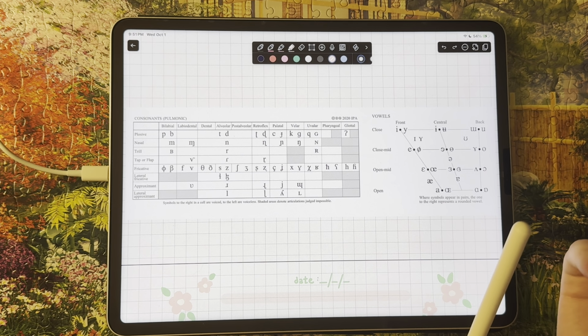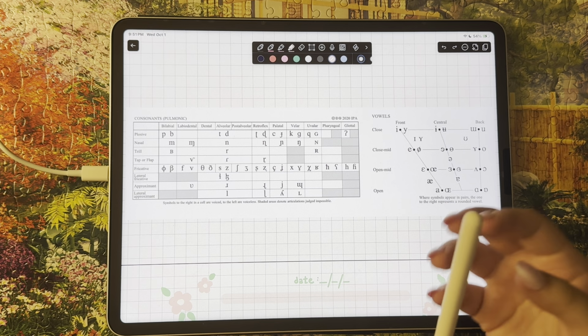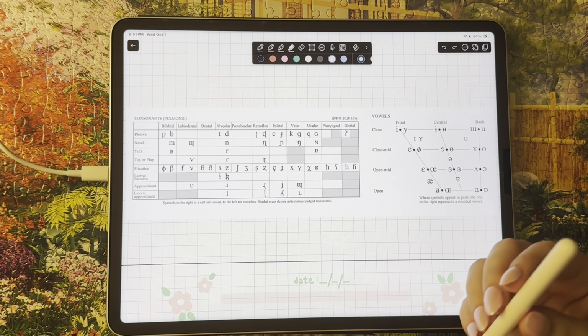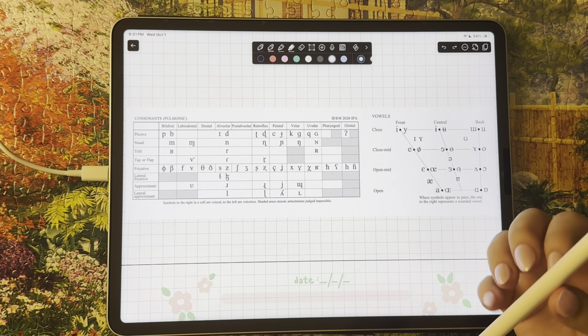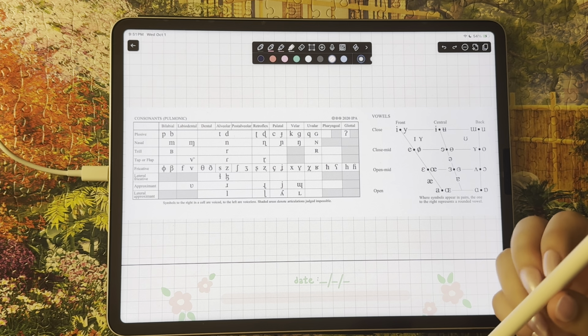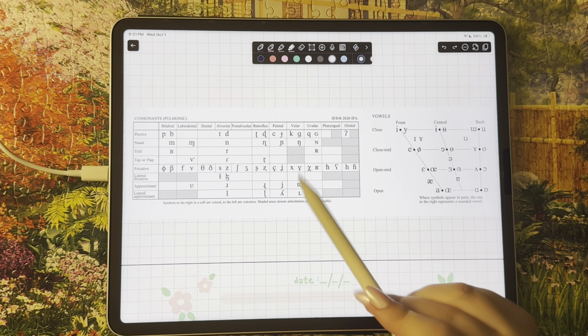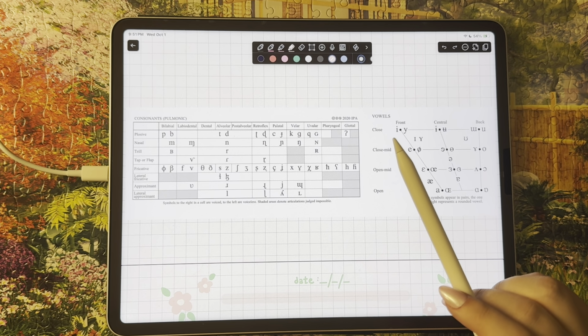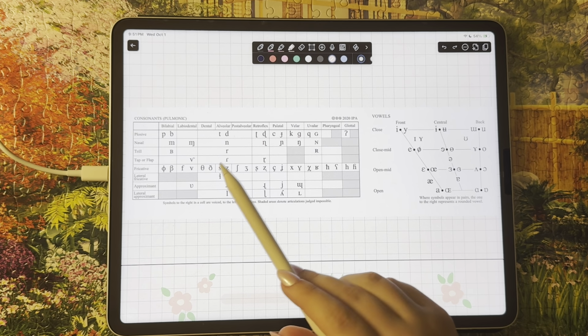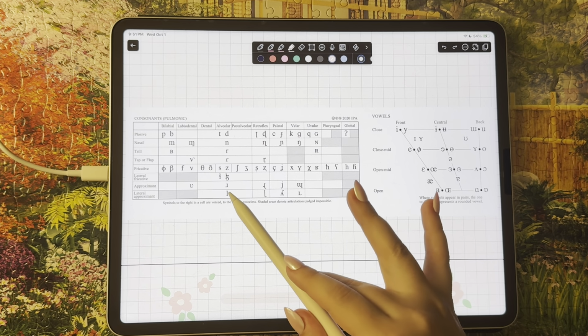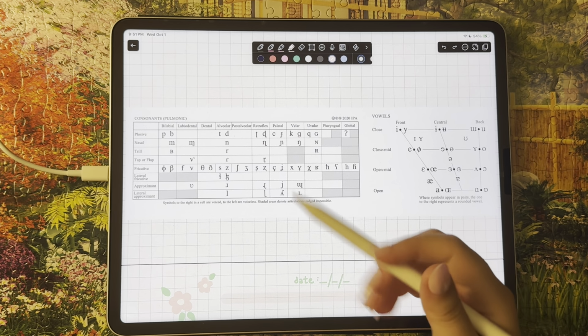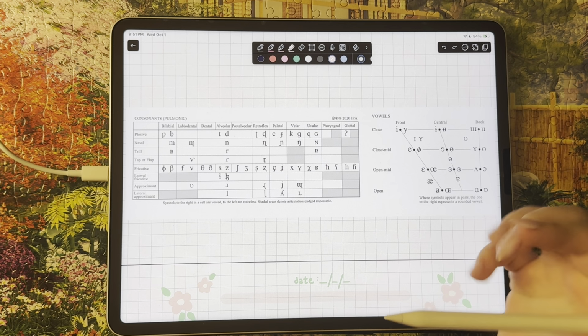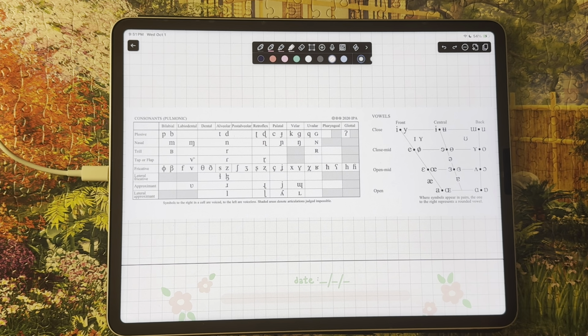And this is an alveolar approximant because it can be produced in multiple ways. There's the bunched R, where your tongue is kind of bunched up in the back of your mouth.